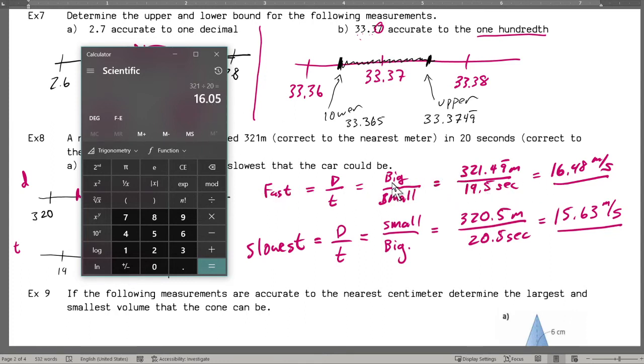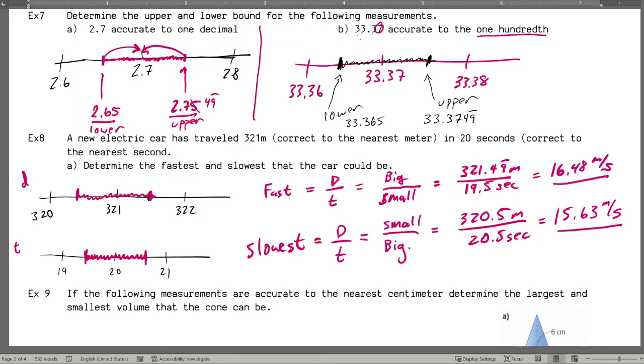But be aware that every time you take a measurement, there is some sort of inaccuracy built into it. If you're combining measurements, the inaccuracy is sort of compounded by the fact that both of these numbers are inaccurate. Okay? So that's kind of the thing you want to keep in mind there.